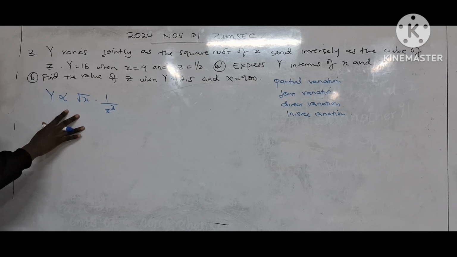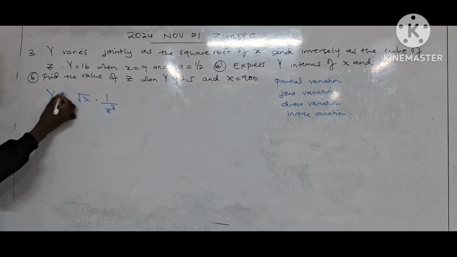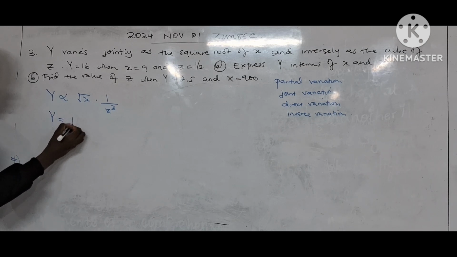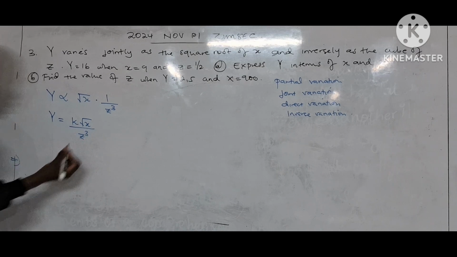Now, if we remove this proportionality symbol, we introduce the constant of proportionality. So y is equal to k root of x divided by z to the power 3.